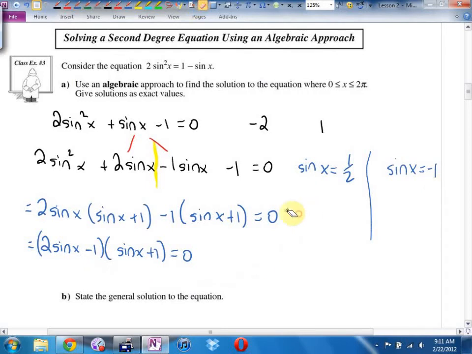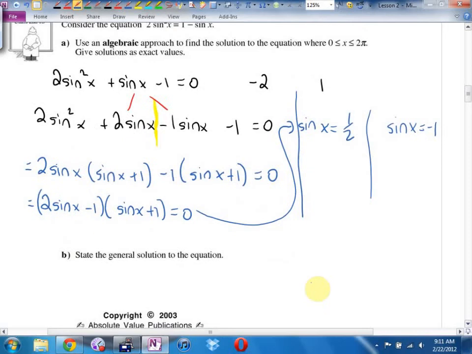I need to give myself a bit more room, so let's be a bit more judicious in my space. This left one here, sine x equals a half. Do I have a triangle with a 1 and a 2 in it? Yeah? Then let's use special triangles. Cast rule.